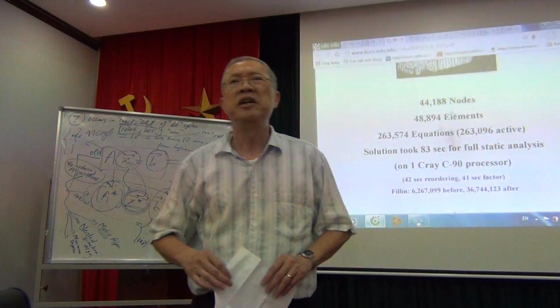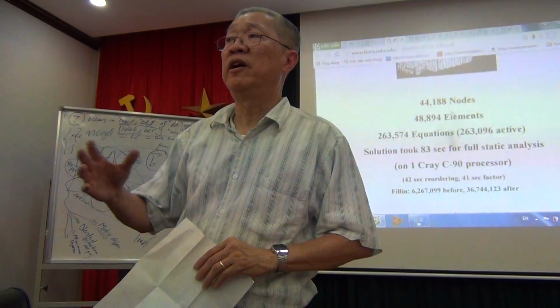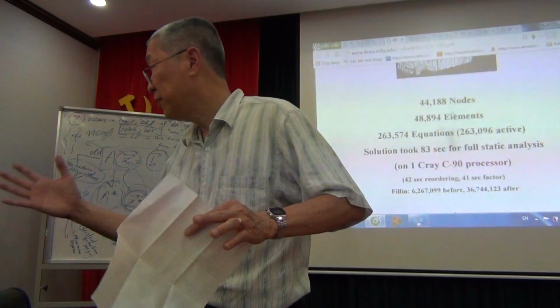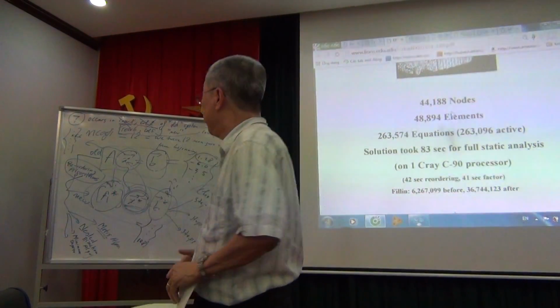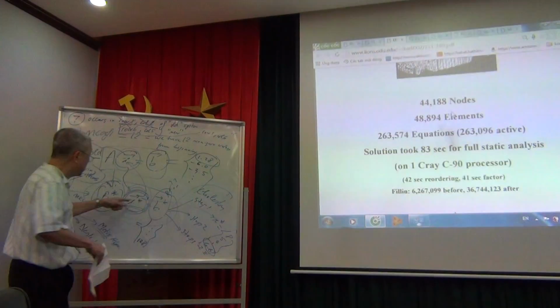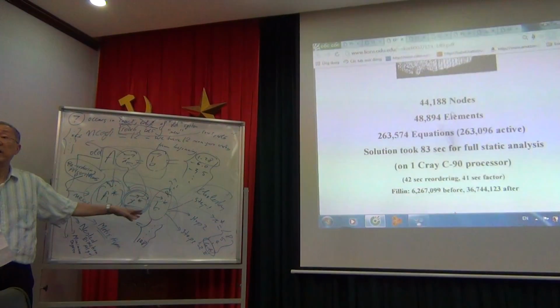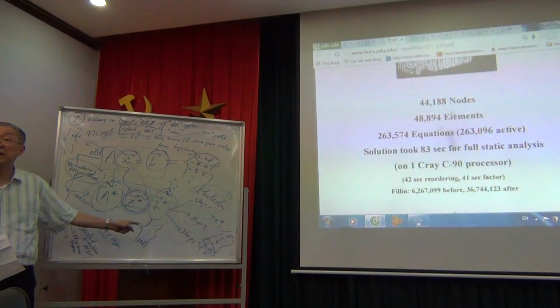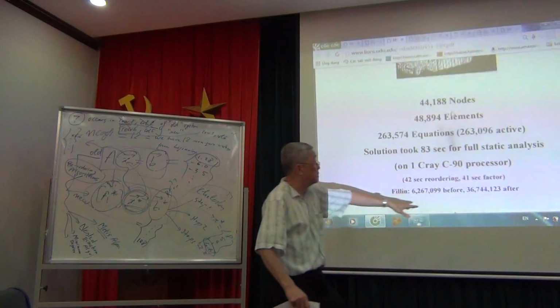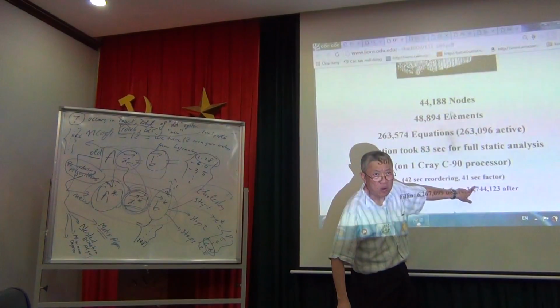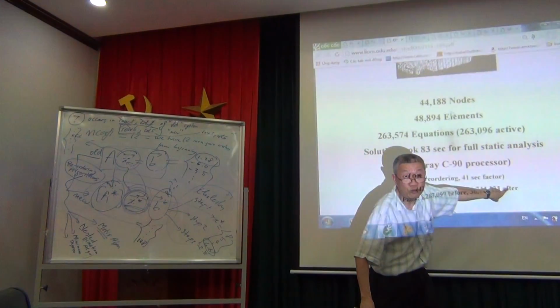Now, remember in America, they have a very famous statement: nothing is free. So, of course, when you do the reordering algorithm that Professor V.B. Kumar made, you get to solve a new system. The advantage you got is the number of non-zeros after you do factorization.